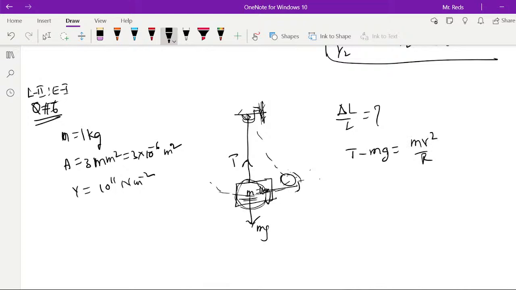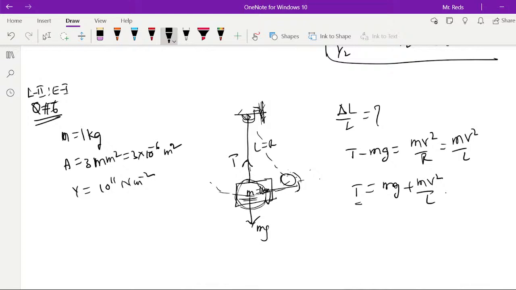If this length is taken as the radius r, it is mv square by L. So the tension T is equal to mg plus mv square by L. This tension is the force producing elongation. If the original length is L, then the fractional change can be found by taking this into consideration.